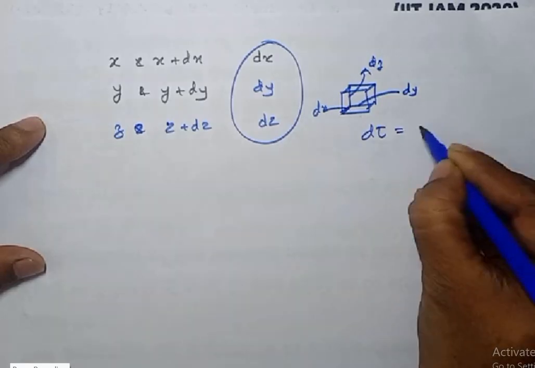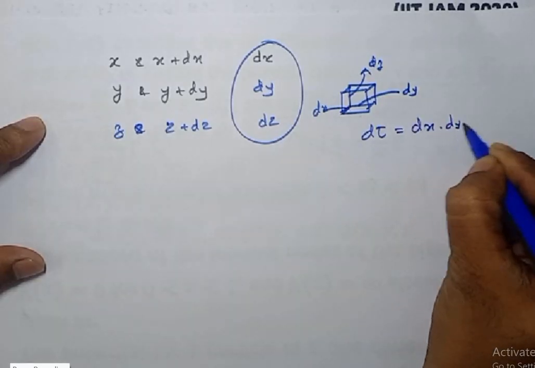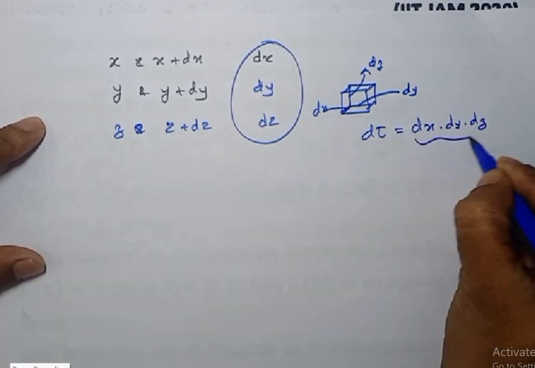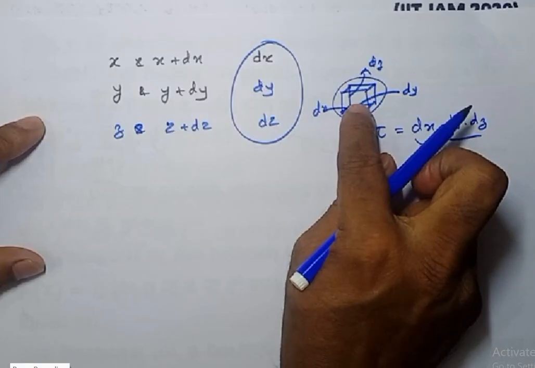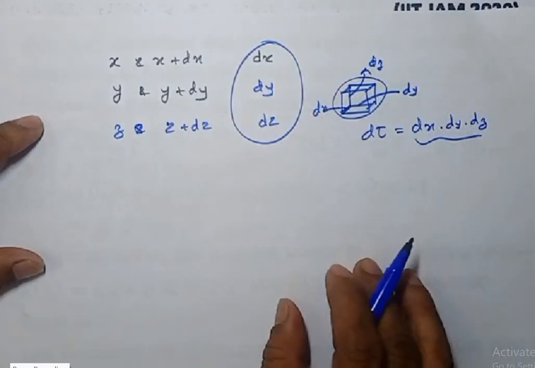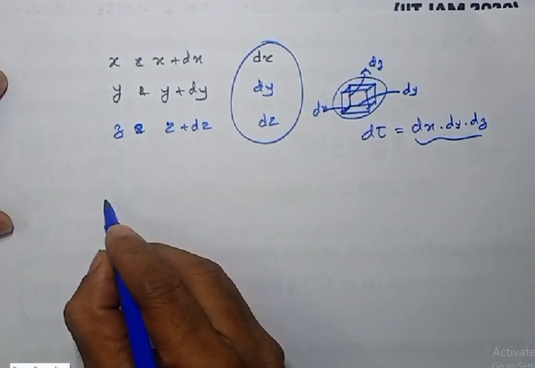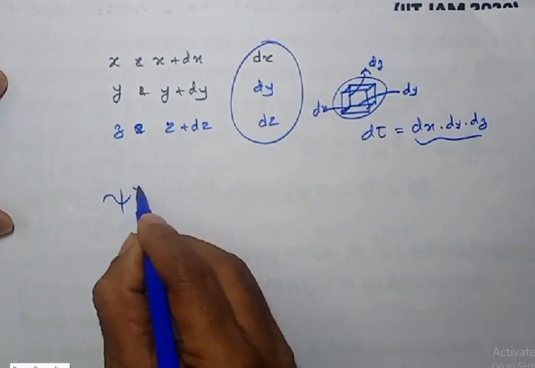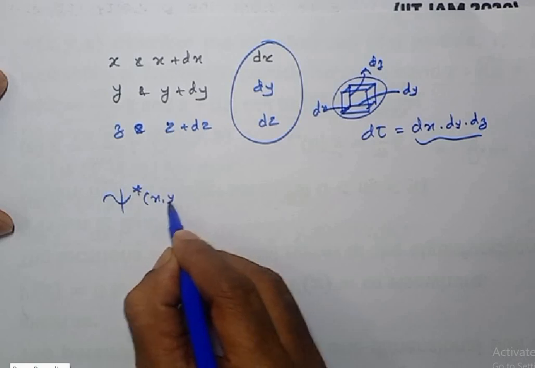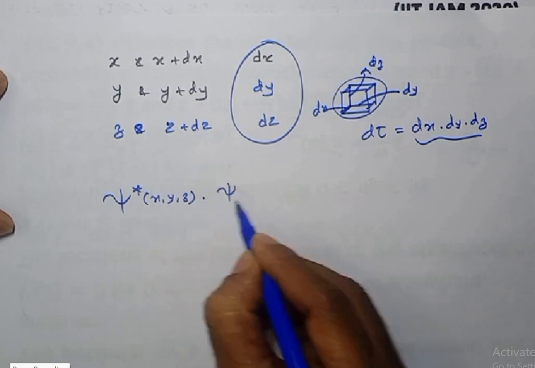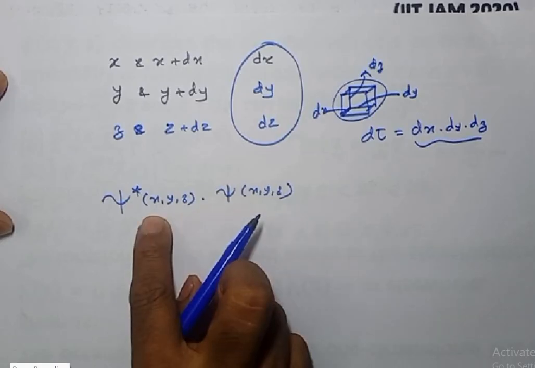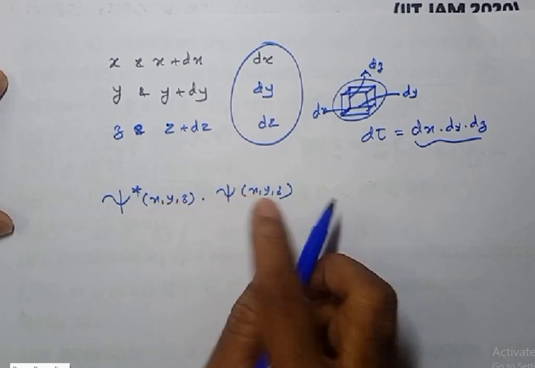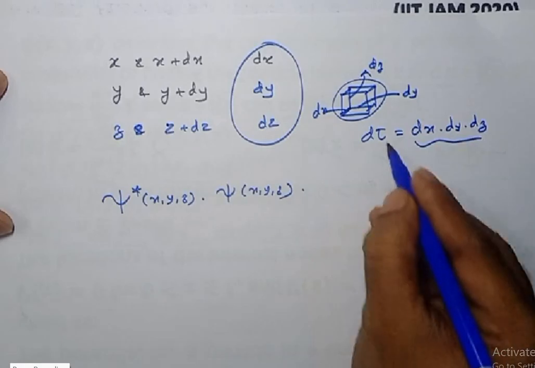You might have heard about this. d tau is nothing but the small volume element. Now what is the probability of finding the particle in this small volume element? It is nothing but, take the complex conjugate of the function, psi star (x, y, z) into psi (x, y, z). Psi star psi into this d tau.